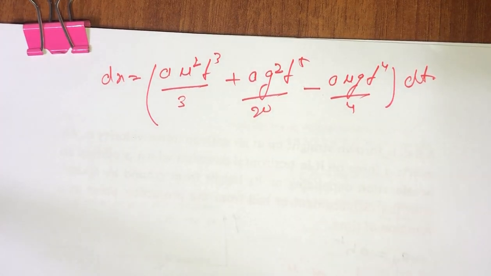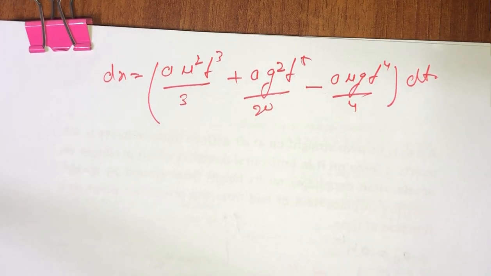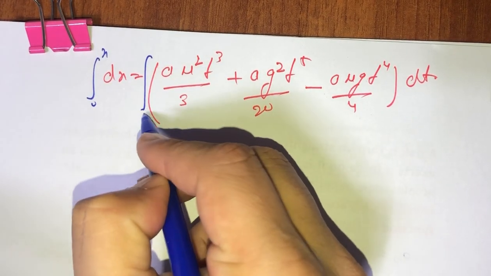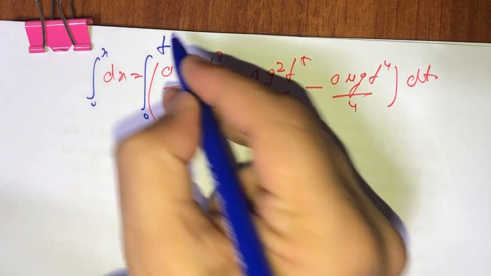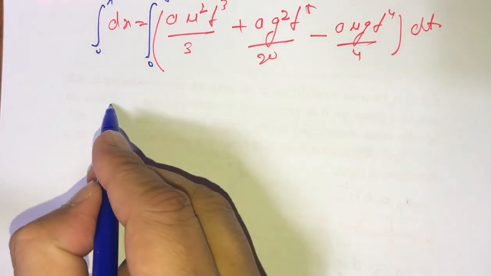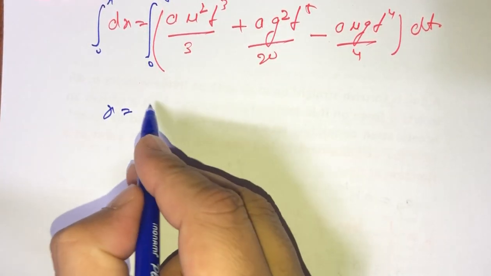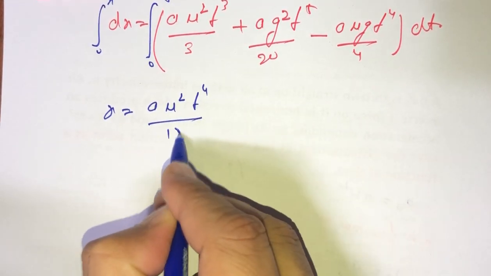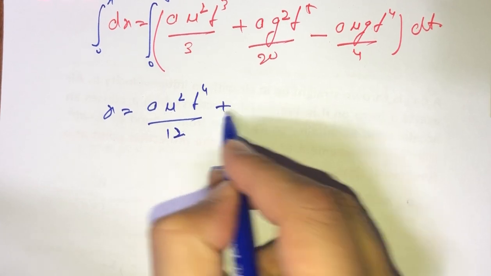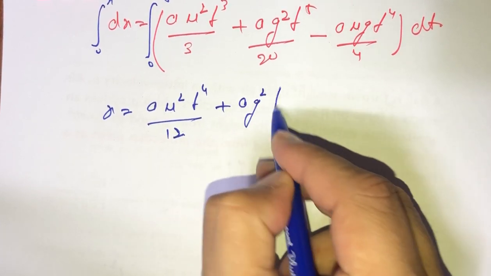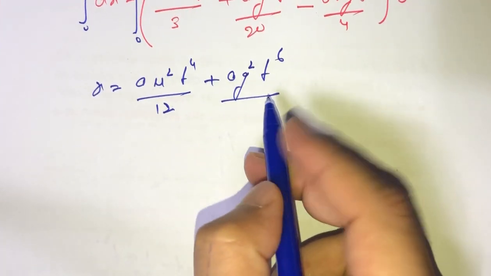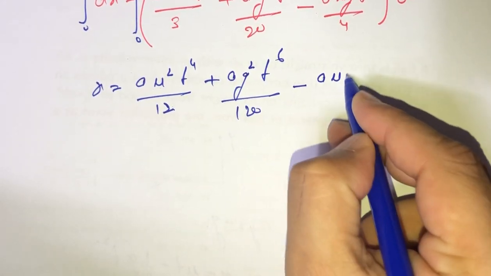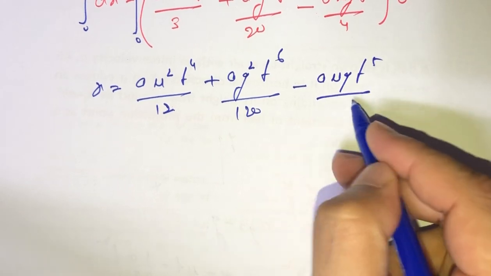Now integrating from 0 to x and 0 to t, we get x is equal to a u square t4 divided by 12 plus a g square t6 divided by 120 minus a u g t5 divided by 20.